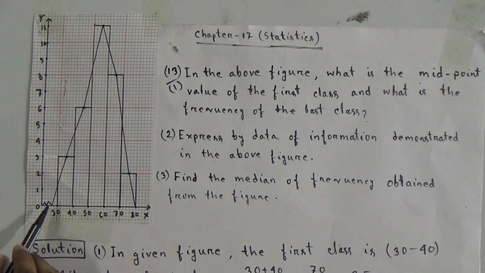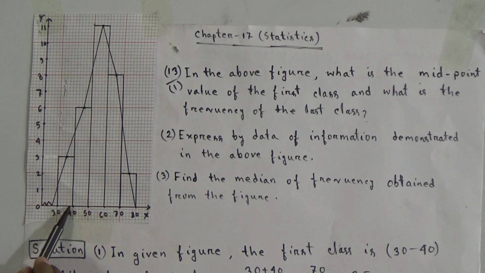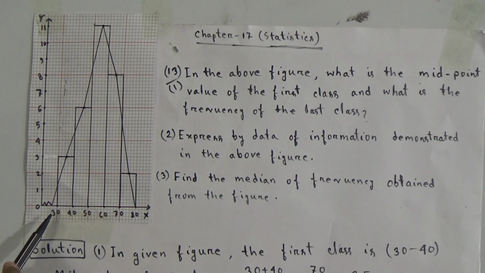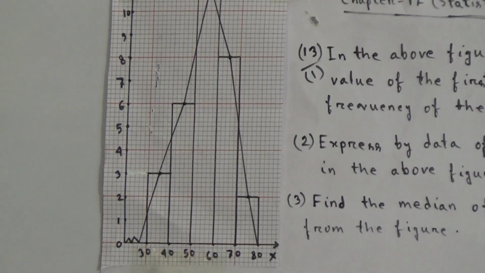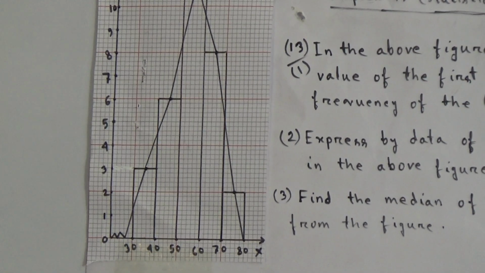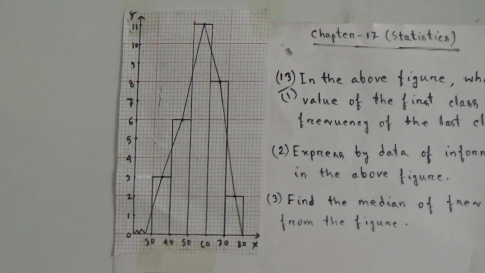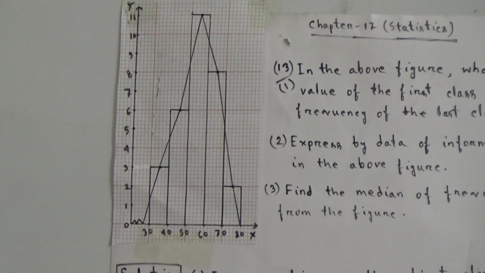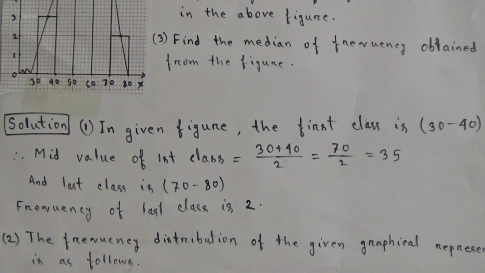Here the class interval of the first class is 30 to 40, the lower value of the first class is 30, and the higher value is 40. So its mid value will be (30 + 40) / 2, and it will be 35.